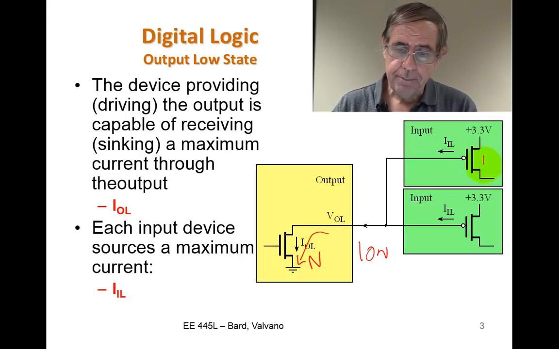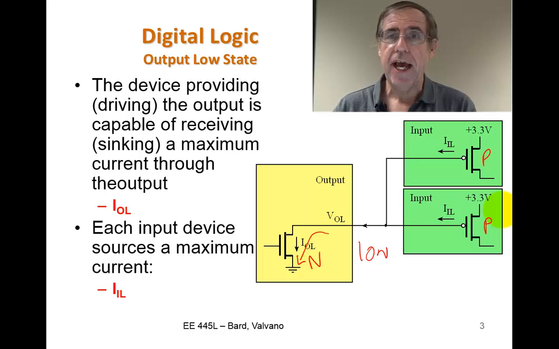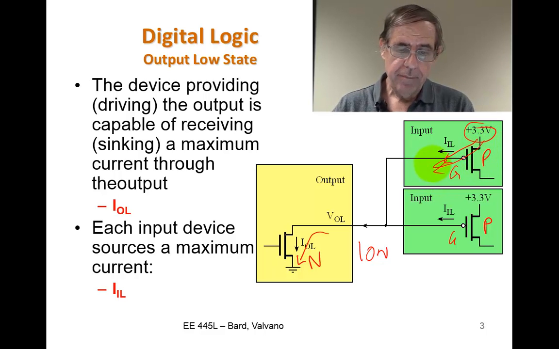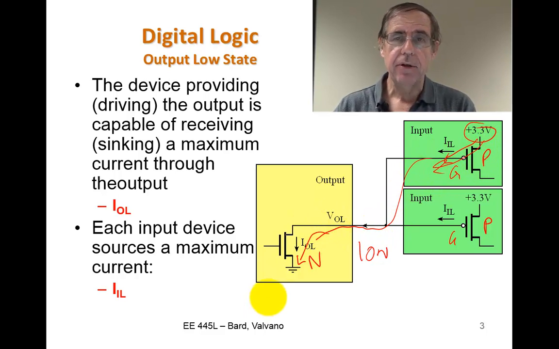And so the p-channel MOSFETs at the input are going to require current at their gates in order to turn on. So the current, while the output is low, comes from the supply of the input through the gate, across the interface and down to ground.